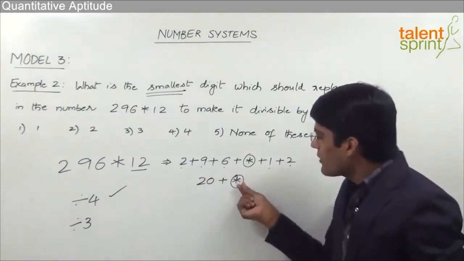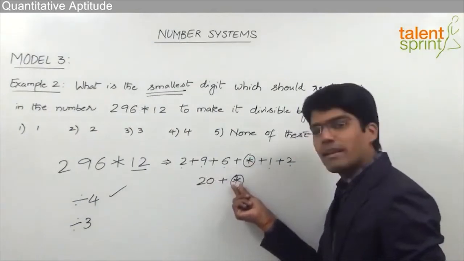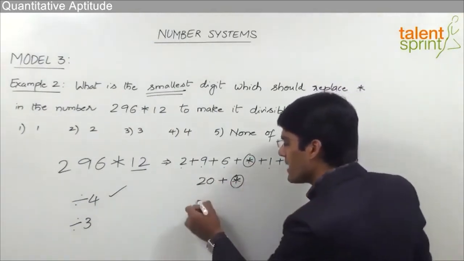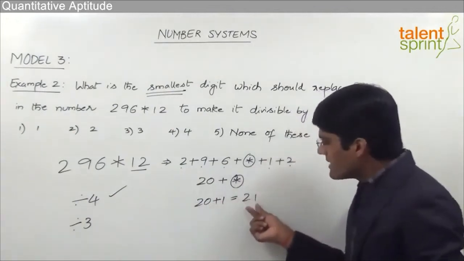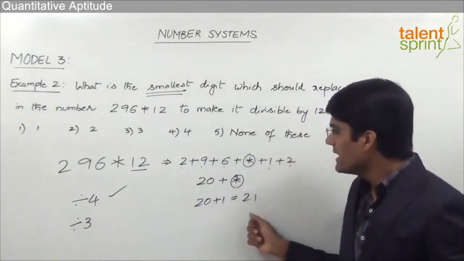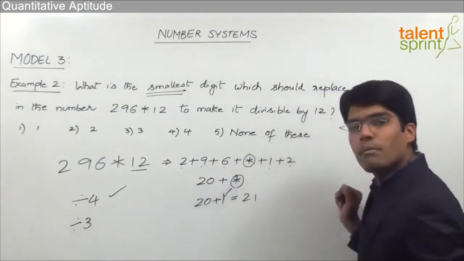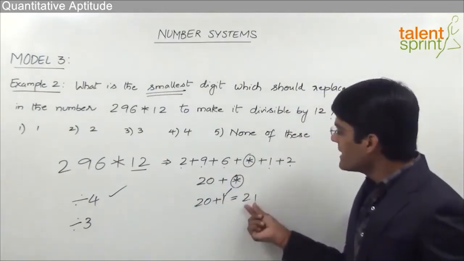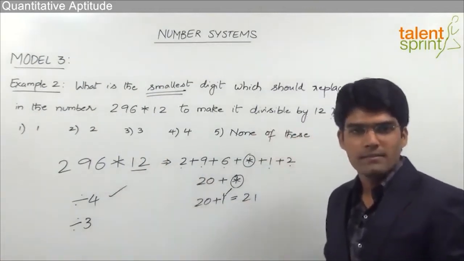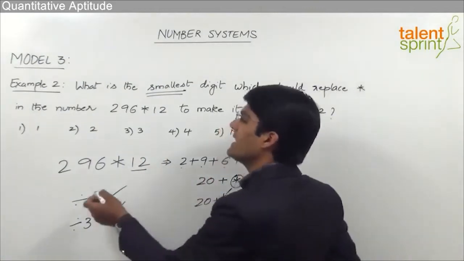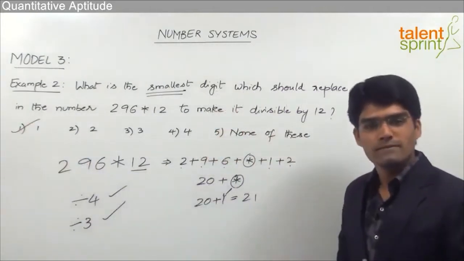Now if we go by the options, option number 1: if star is equal to 1, the sum becomes 20 plus 1, which is 21. 21 is a multiple of 3. So definitely if star is replaced by 1, this number becomes divisible by 3. Since 21 is divisible by 3, the whole number will also become divisible by 3. So that is how we can say that the answer for this question has to be option number 1, that is equal to 1.